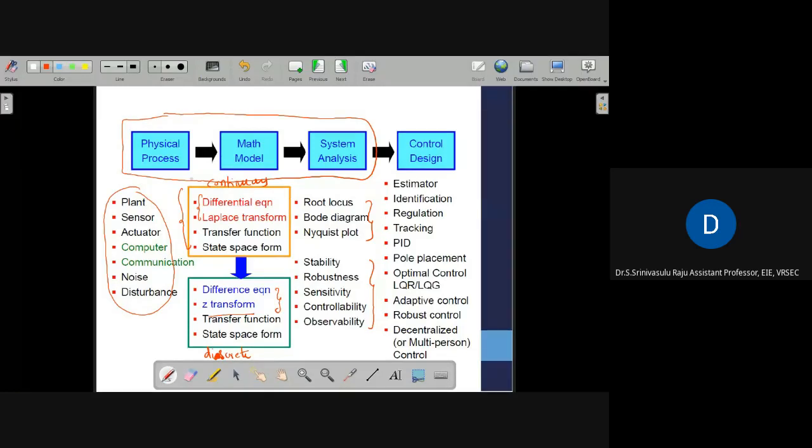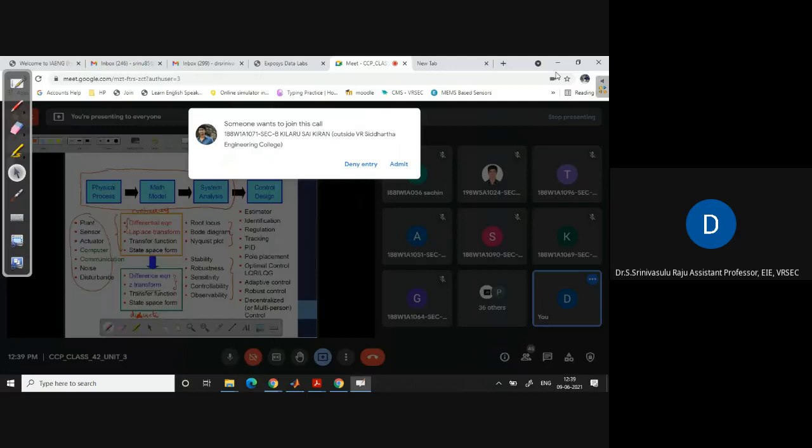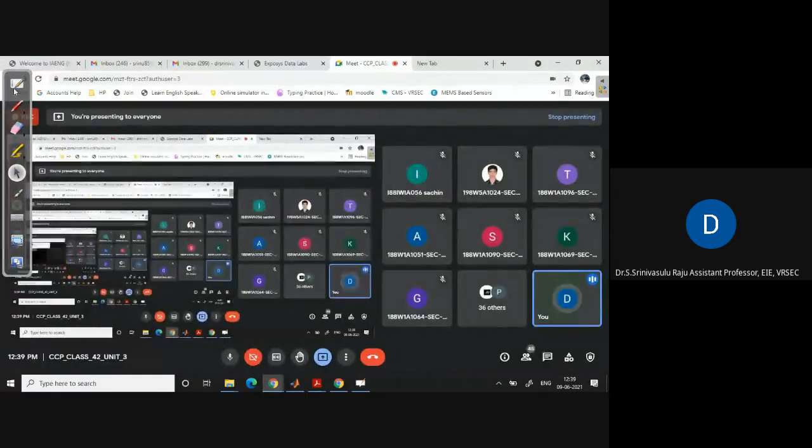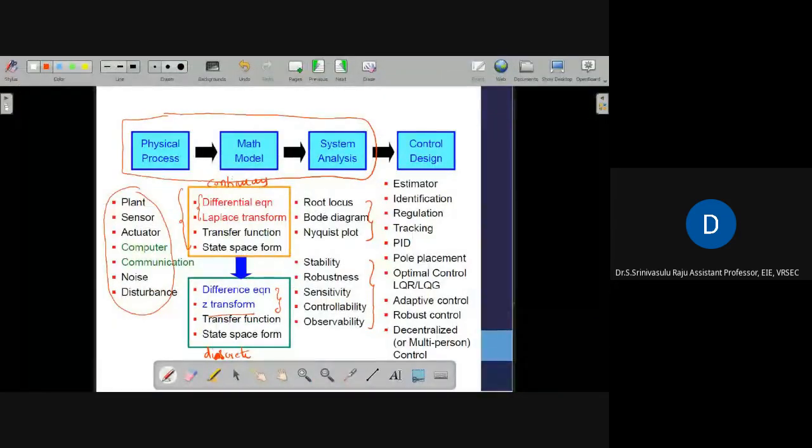The controller may be estimator, identification or regulator, set point tracking, servo response, PID, pole placement, optimal control, adaptive, robust, decentralized control. We have n number of control design techniques. If you want to apply any controller to the system, you should know these parameters.